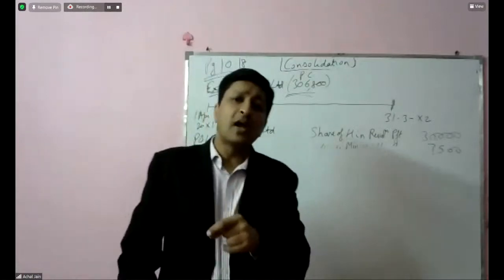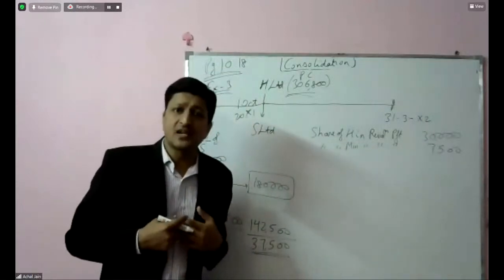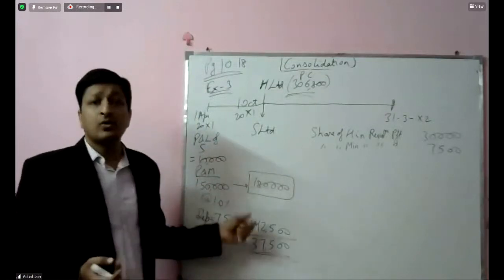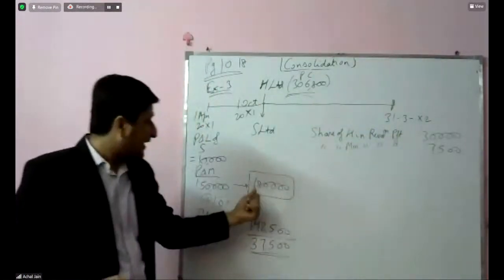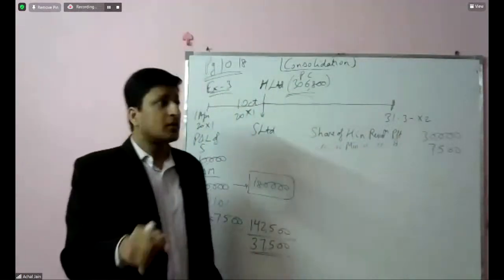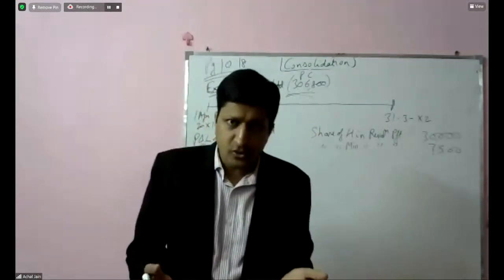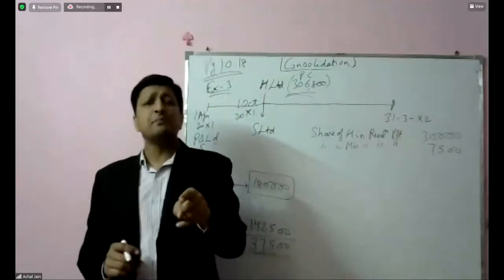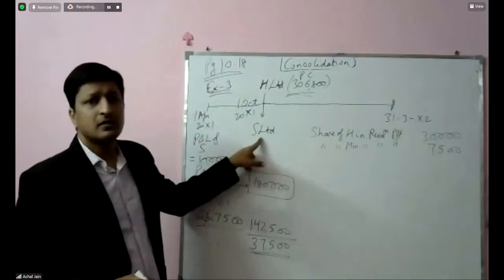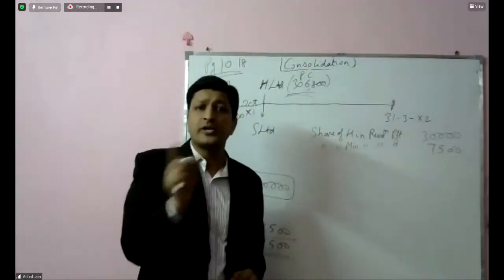When H acquired S Limited, at that point of time, shareholders of S Limited will say that even though this book value is 142, its market worth is 180. So shareholders of S would want H to pay more for this plant and machinery. Understood? But does it mean that in the standalone financial statements of S, this plant and machinery will get recorded at 1,80,000?